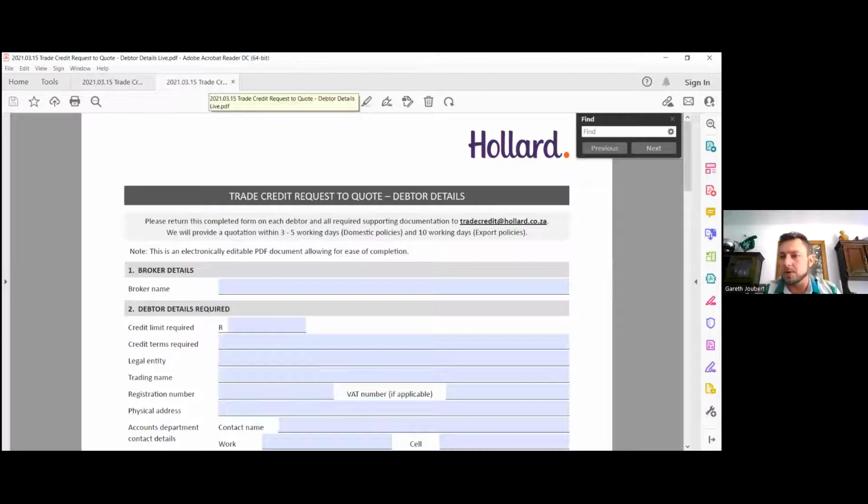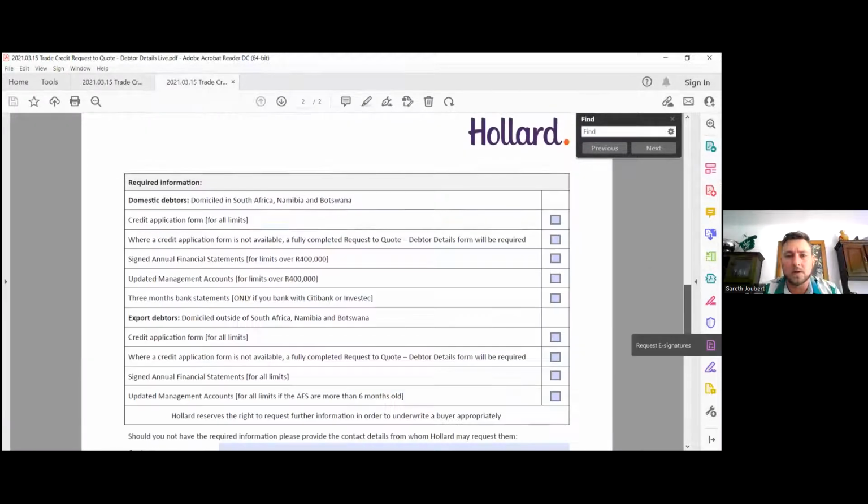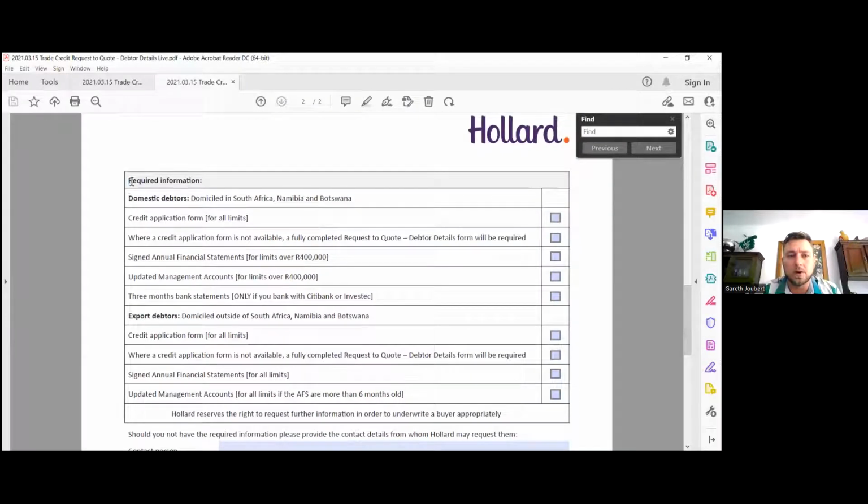What is also important, just to jump to the end, which is the second page, is the required information. Where a credit application form is not available, a fully completed request to quote debtor details form will be required. So if your client already has the credit application form, that is the agreement between your client, the seller, and the buyer, then we don't need this form.